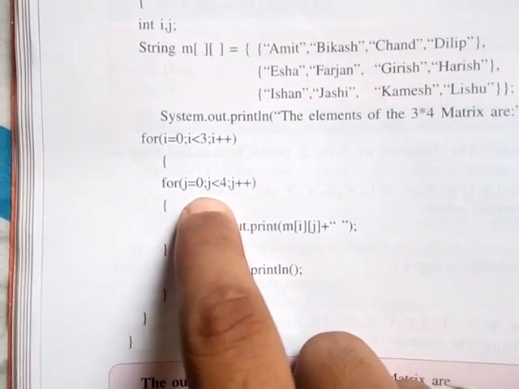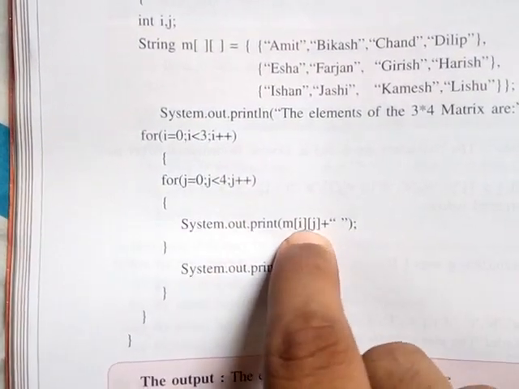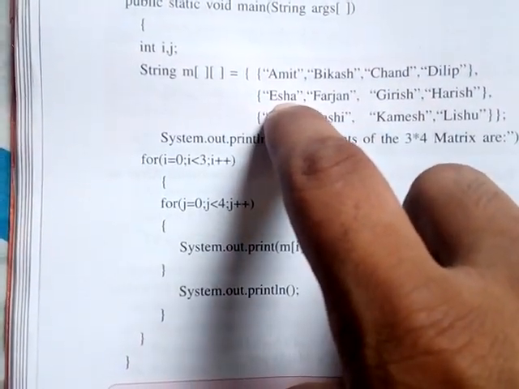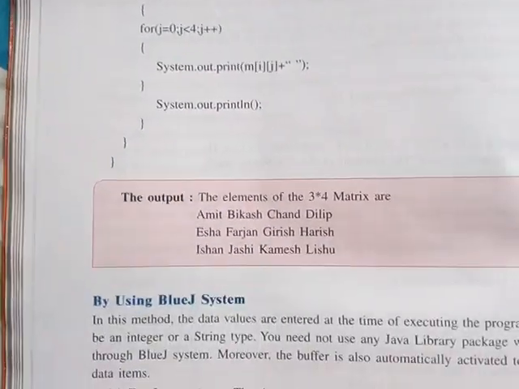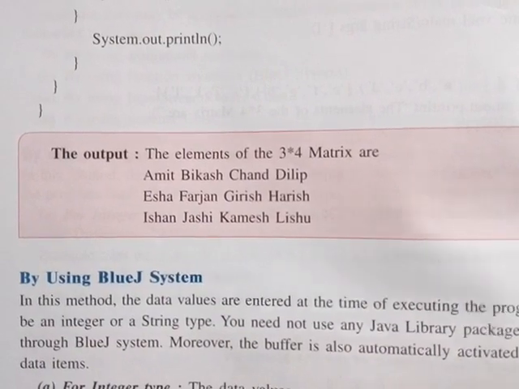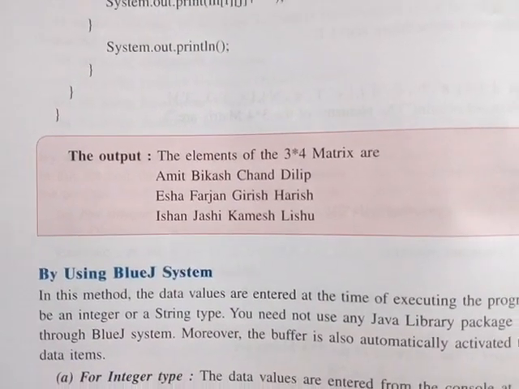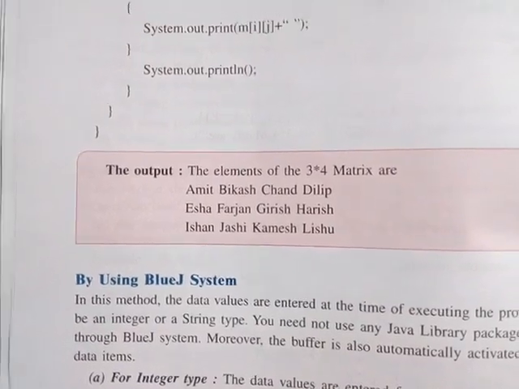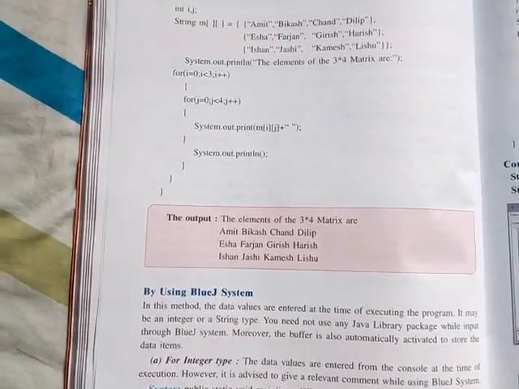Then for j equal to 0, m[i][j] means m[1][0]. So row number 1 and column number 0, then it will print Isha. Then it looks like this. See the output: the elements of the matrix are Amit, Vikas, Chand, Dilip. I hope, students, you have understood how to use this, isn't it?